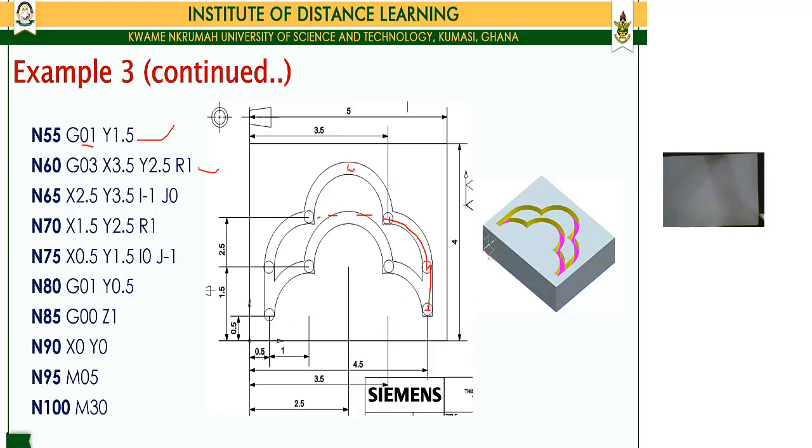And then it does an X 2.5 Y 3.5, which is also a counterclockwise movement, so it moves to X 2.5, which is here, and then Y 3.5, which is going to be up here somewhere.